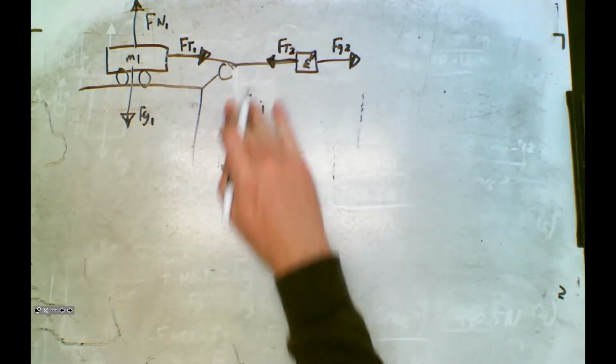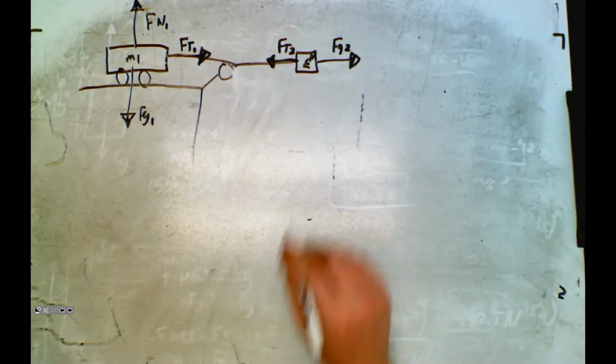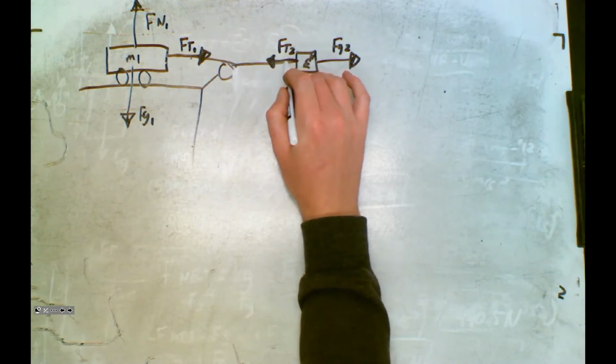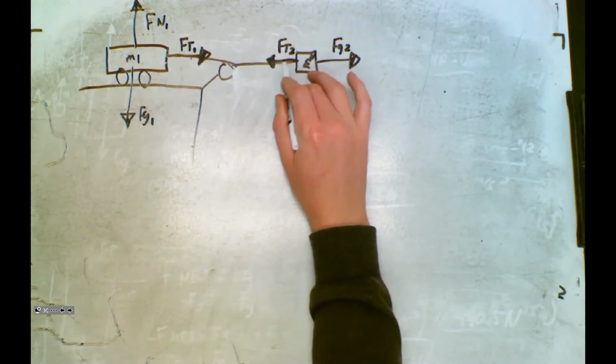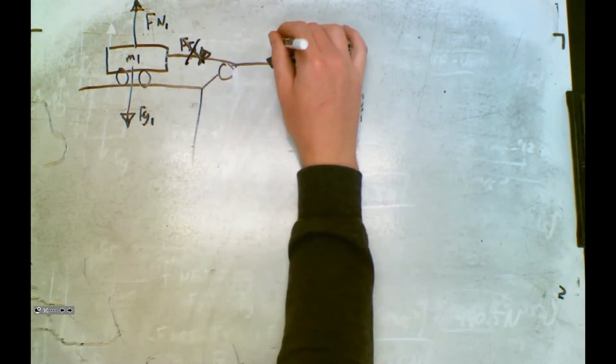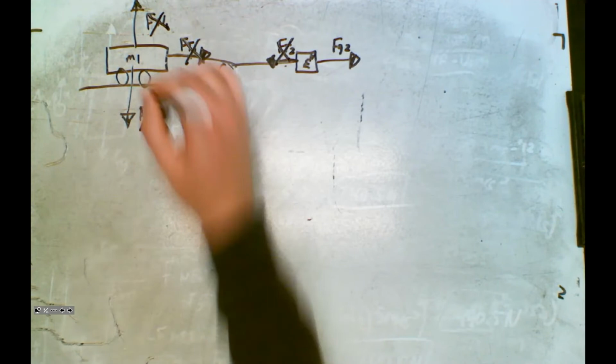And now when I analyze this, everything is sort of in the same direction a little bit better. I have force of tension 1, force of tension 2. If it's the same rope, the magnitude of the tensions have to be the same. So that means that these cancel out, and I know this cancels out with this. So what I'm left with is one force.